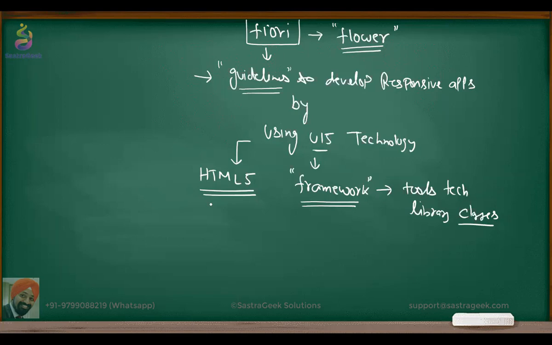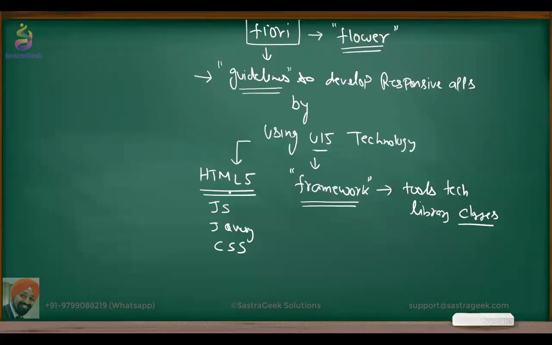It supports JavaScript, jQuery, JSON, and CSS kinds of technologies. So these languages and technologies are supported in UI5, and by using them, we would be able to develop and build our Fiori applications.